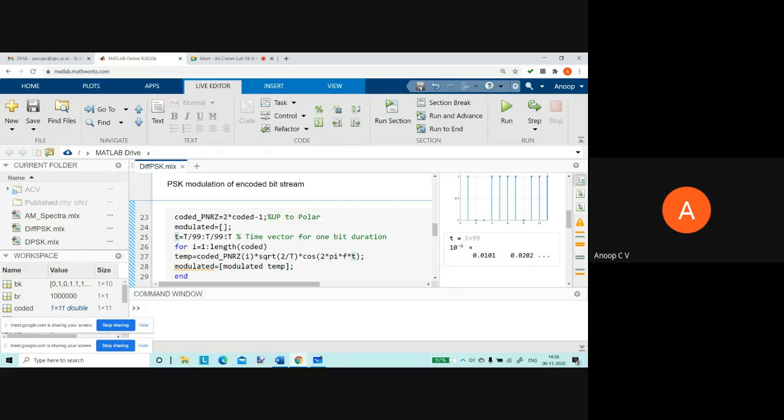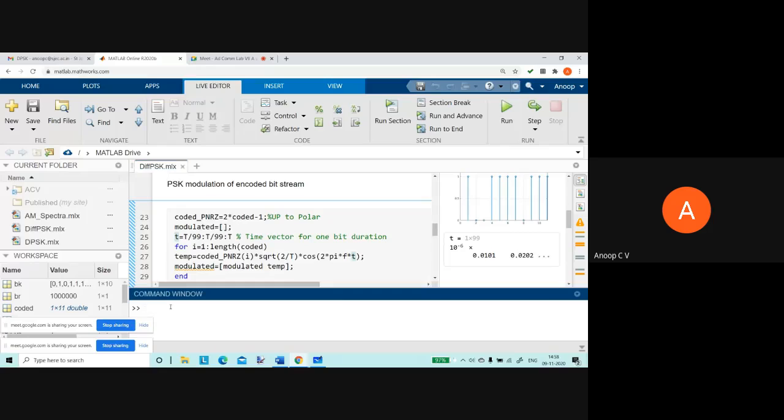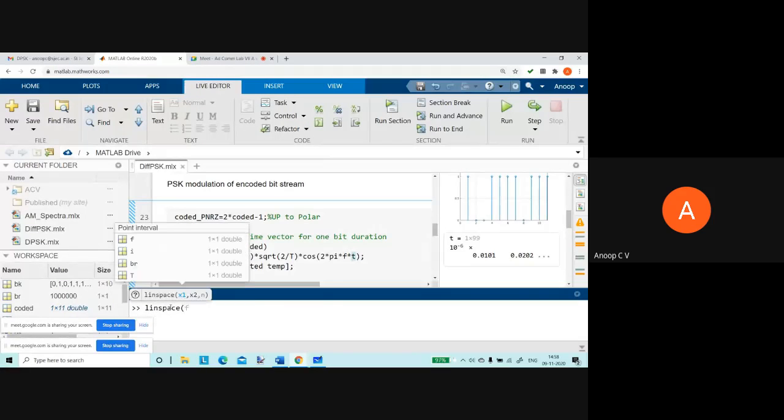We are assuming, say, 100 samples. To define that, you don't have to do this. Instead, I'll just type it in the command window: you can use the linspace command. The start value can be 0, the end value can be T, and the number of samples, if you want 100 samples.